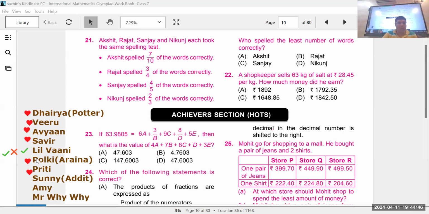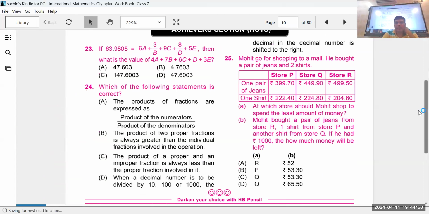Now the 23rd question. If you have done Olympiad last year, then only you will probably get it. Otherwise, you won't be able to get it. So I am giving 23rd, 24th, 25th.